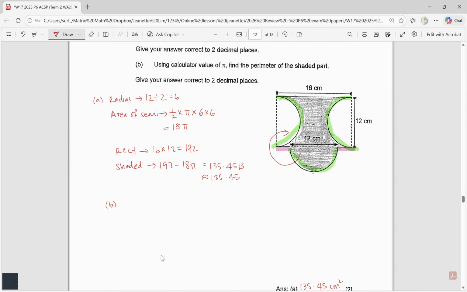So to find arc, the formula would be pi times diameter. Arc will be half of that. So arc of semicircle, using half times pi times diameter, which is 12. Okay, this will give us 6 pi.